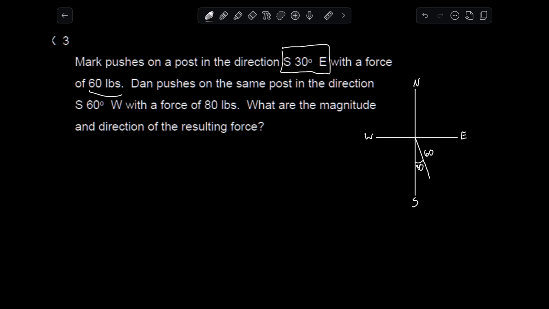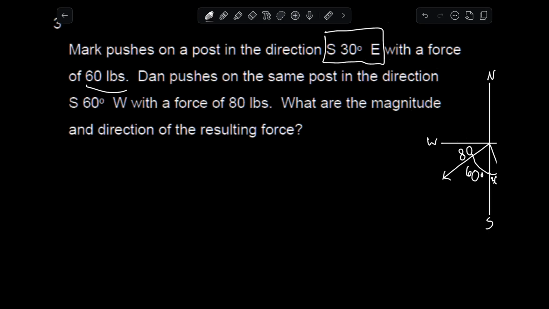And we have the same force south 60 degrees west. So we go south first. You see south right here. And then we go 60 degrees west. And although this isn't the best drawing, I hope the illustration makes more sense with this. The magnitude's 80. The magnitude here is 60 for Mark and Dan, right?